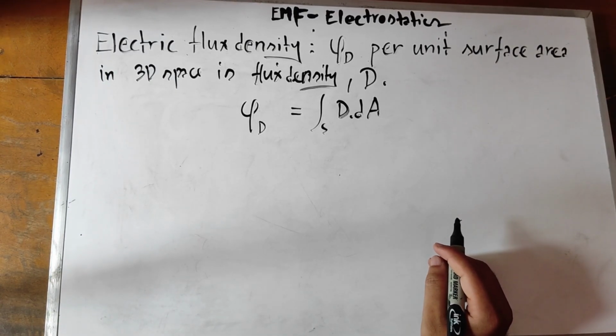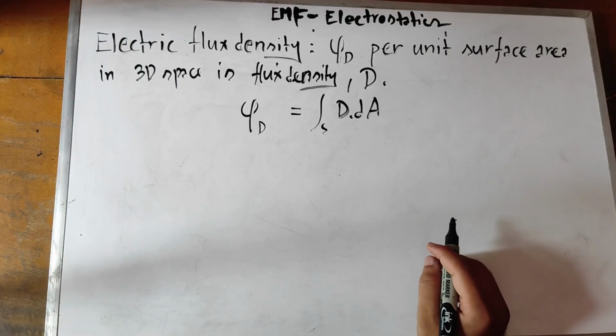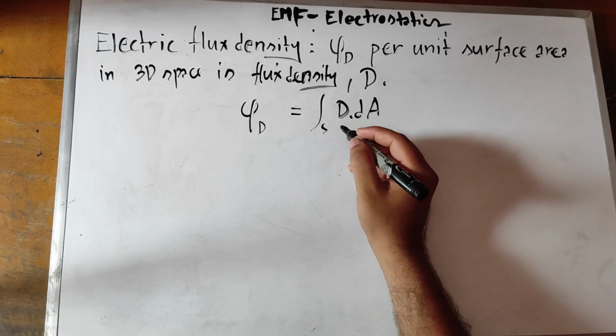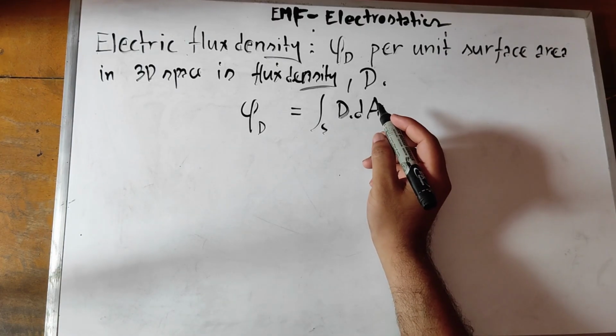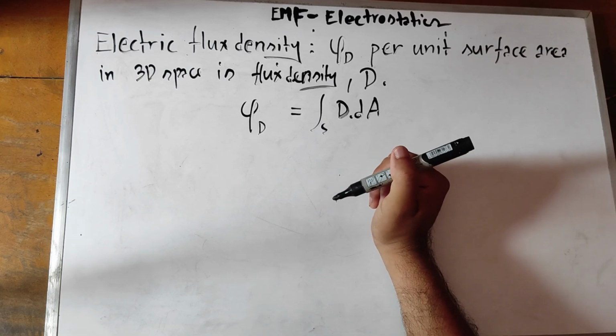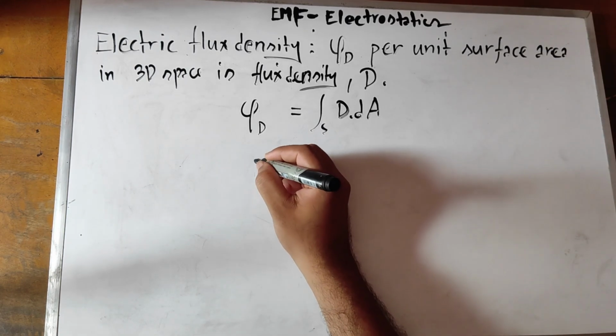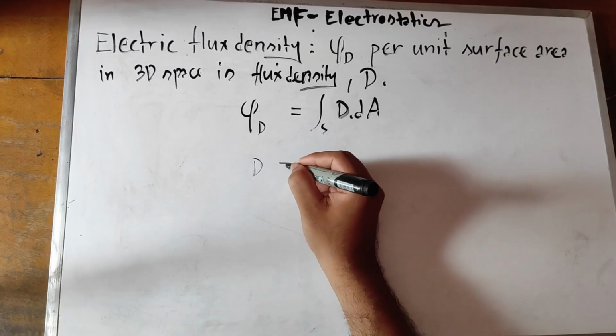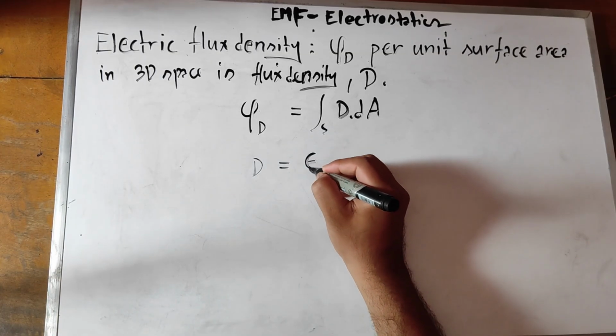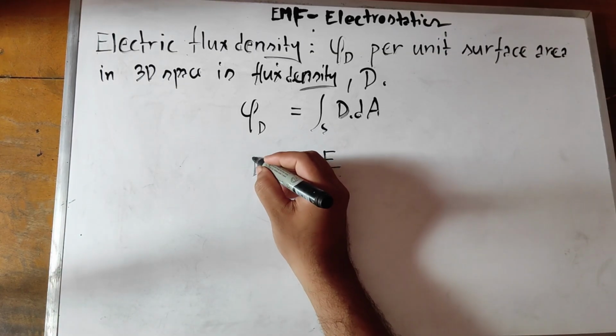And if I want to describe flux density in terms of electric field strength, the electric field, it will be D equals epsilon E.